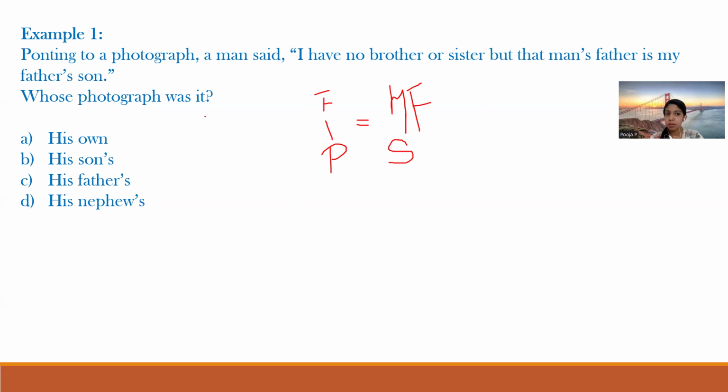Whose photograph is it? His son. His own. It is option A, yes, Arman is right, because this is the photograph. What is he telling? This person in the photograph, his father is my father's son. Who is my father's son? Me. This me is who? This guy.